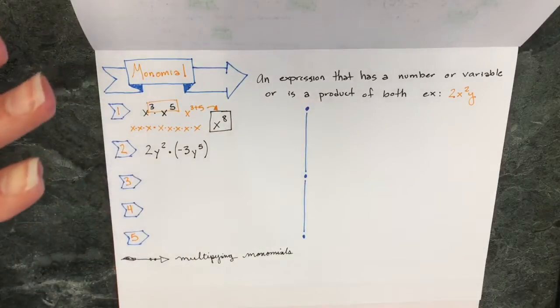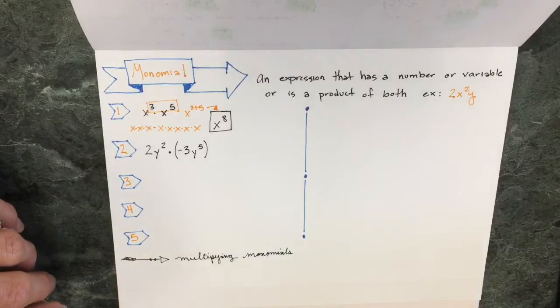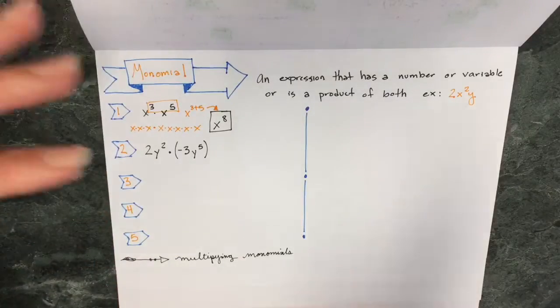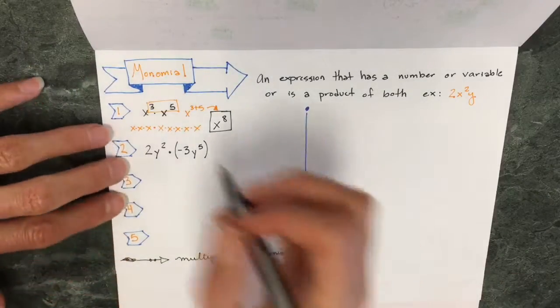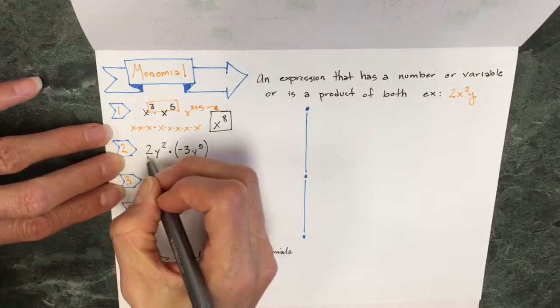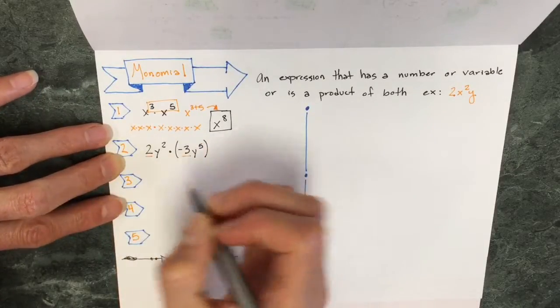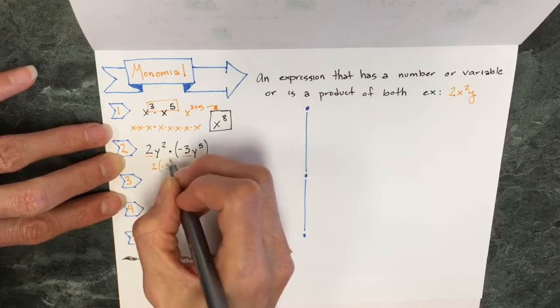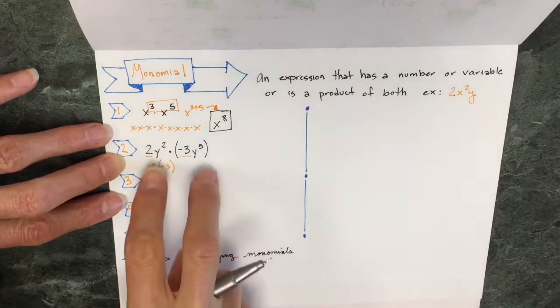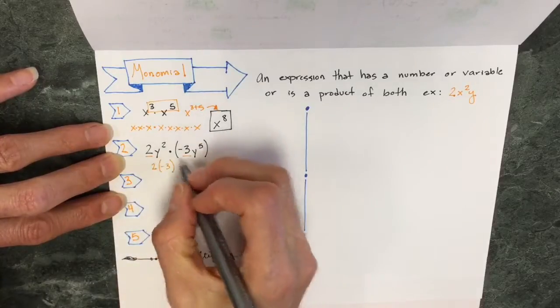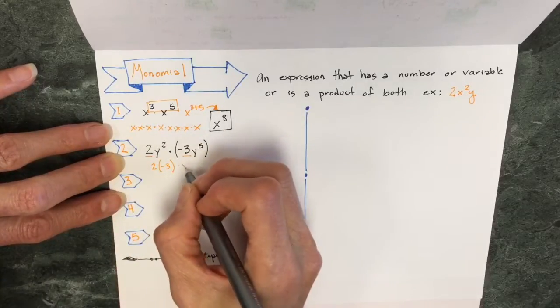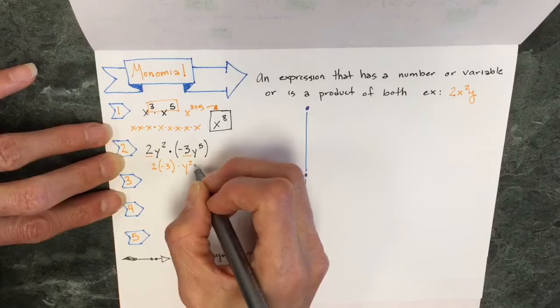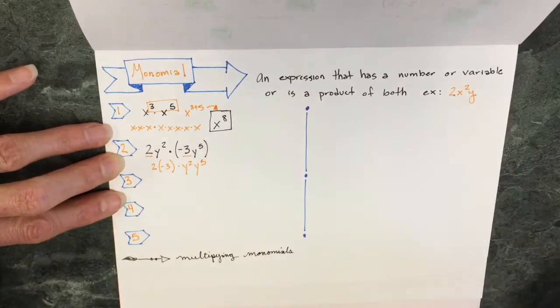So what we can do here is use a commutative property and change the order and put together the things that we can actually multiply together right now. We can multiply the 2 and the negative 3. So let's put those together. 2 times negative 3. We can also simplify our 2 y's. So let's put those together. So times y squared and y to the 5th.